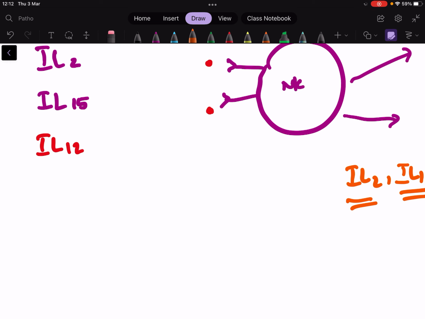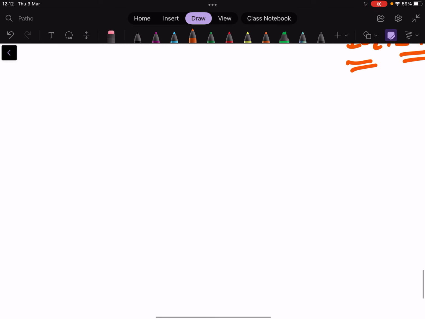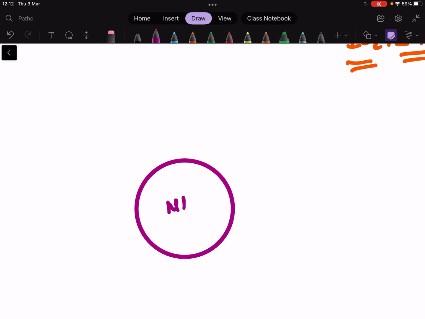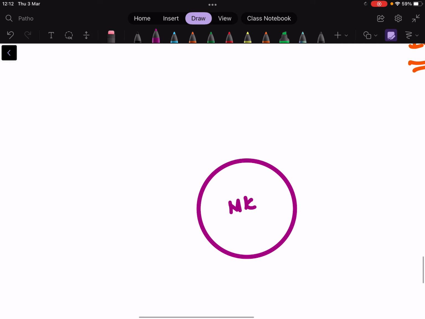Okay. So what is the function of interleukin 12? The function of interleukin 12 is very different. Suppose this is a natural killer cell, and this natural killer cell is going to have a receptor called your interleukin 12 receptor.